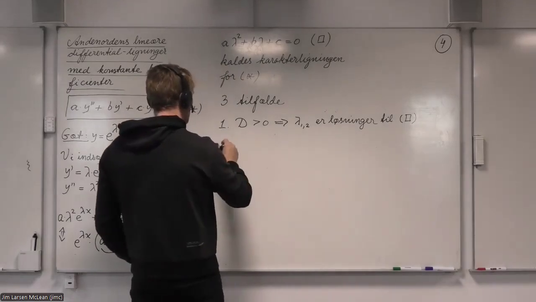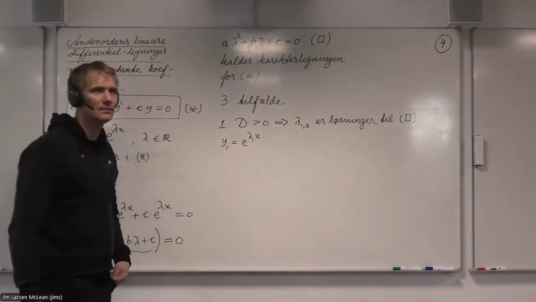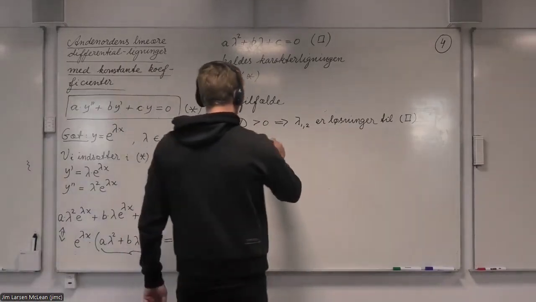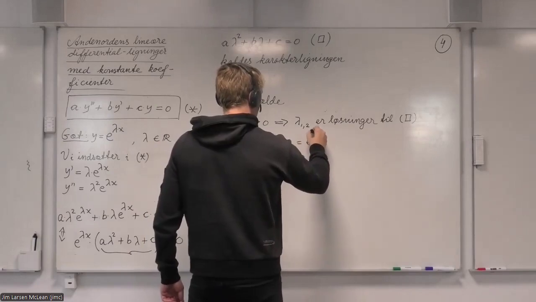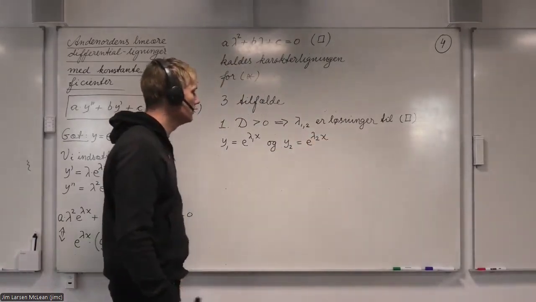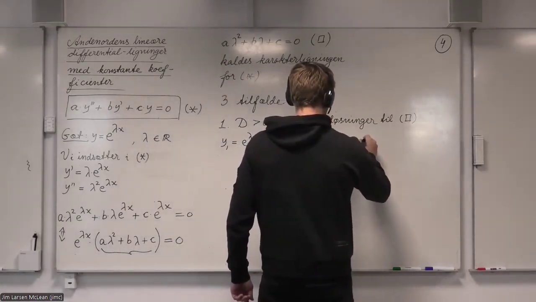What do we know then? Well, then we know that this will be a solution. e to the power of lambda 1 x, that will be a solution. So y1 equals that, which is a solution. And y2 equal to e raised to lambda 2 x will also be a solution. They will be solutions.